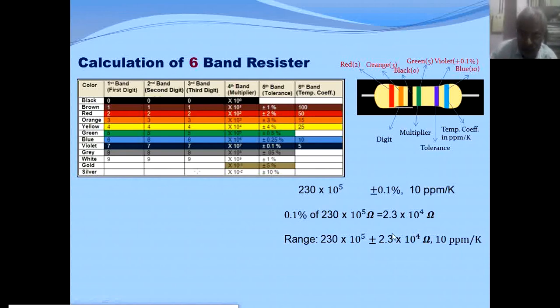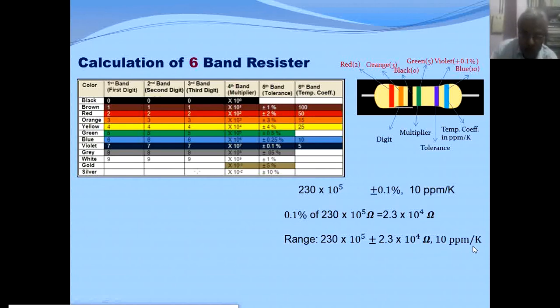If we add this value and subtract this value, then we get the maximum and minimum range of this resistor. Now this maximum and minimum range will be either increased or decreased due to the temperature.